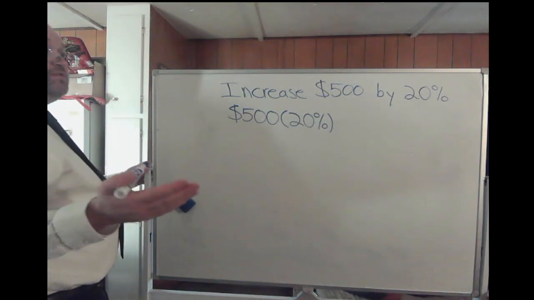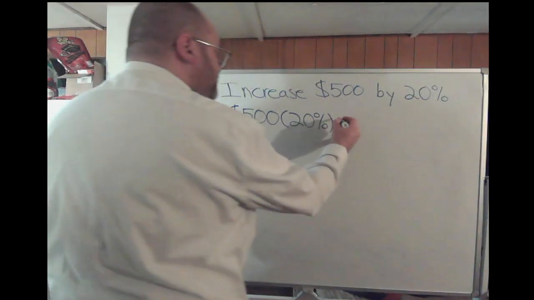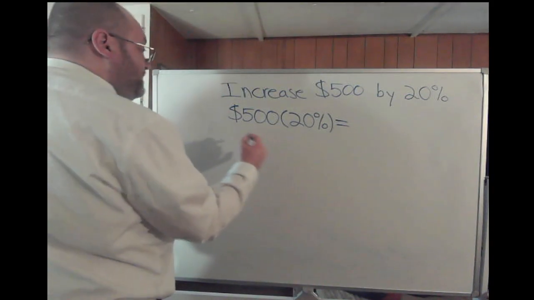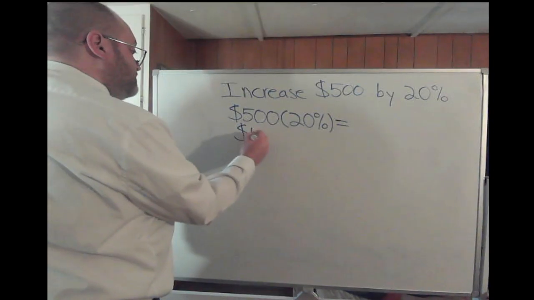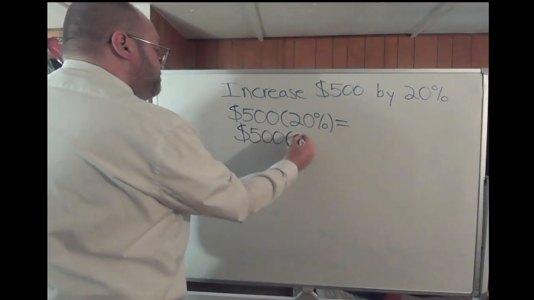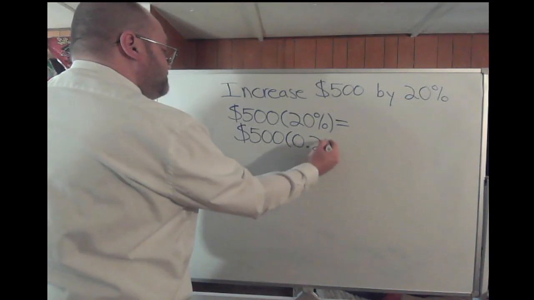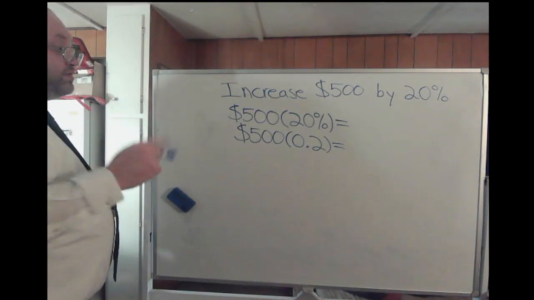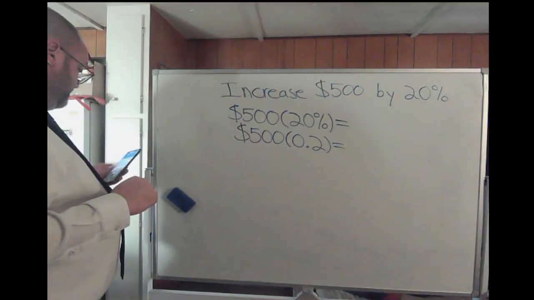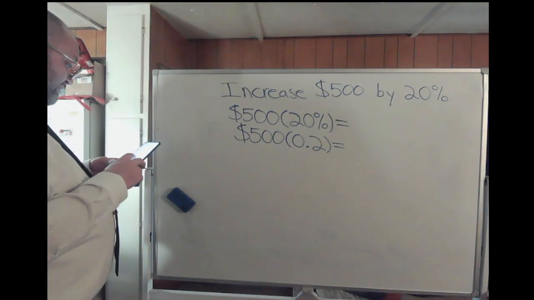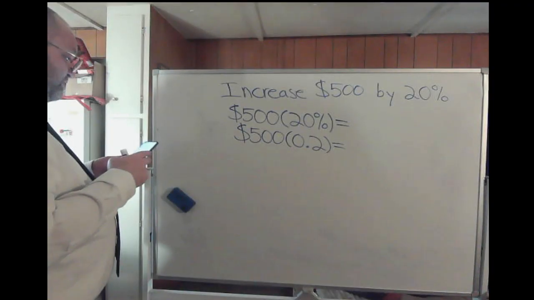So first you need to find what is 20% of 500. Well, that would equal $500 times 0.2 because that's 20%. So let's go ahead and do 500 times 0.2, that's 100.